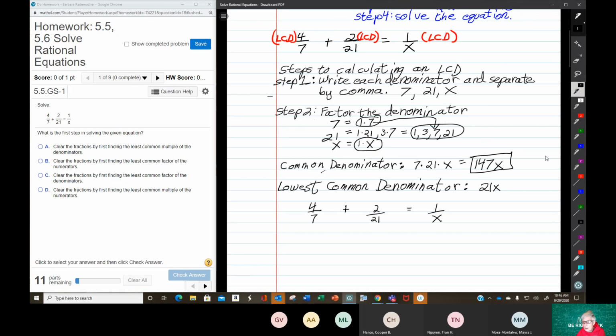And I am going to do the following step in red. My common denominator is 21x. All of these are fractions, so I'm going to put 21x into fraction form, which is 21x over 1. That's not bad. Okay, here I go.